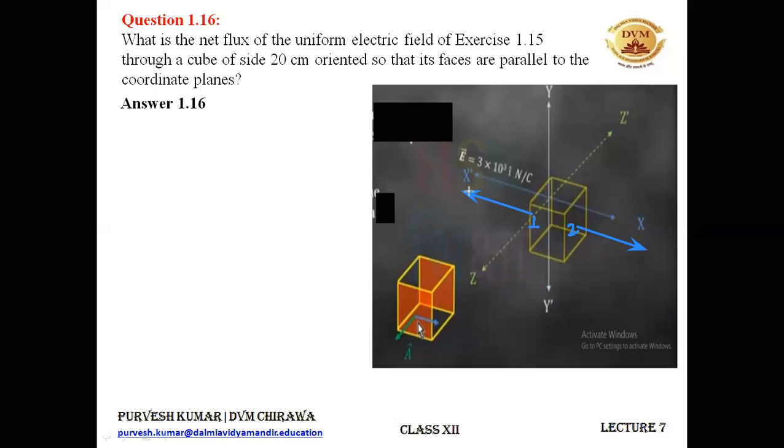That's why this area vector is making an angle of 180 degree with the electric field for surface 1 and 0 degree for surface 2. Since they are equal and opposite, they get cancelled out. And that's why the total flux through this cube is 0. It will always be 0.